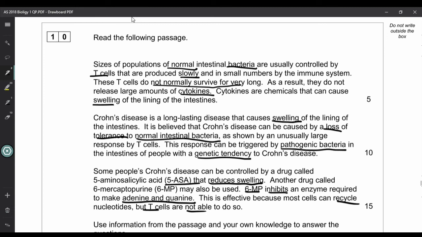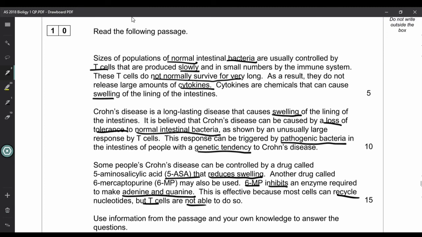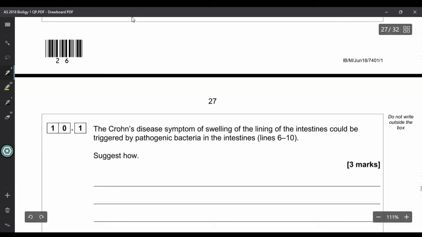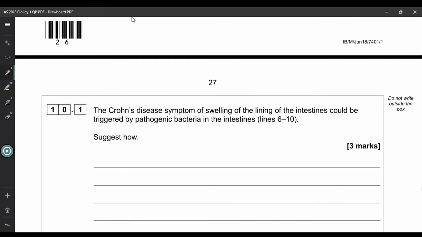It's believed that Crohn's disease can be caused by a loss of tolerance to normal intestinal bacteria. Okay, so if we go back to the question, it says it can be triggered by pathogenic bacteria, but we've also got this thing about normal bacteria in the gut as well. So we've got to link and see how that's going to cause the swelling of the lining. And we know the swelling of the lining is to do with the cytokines.